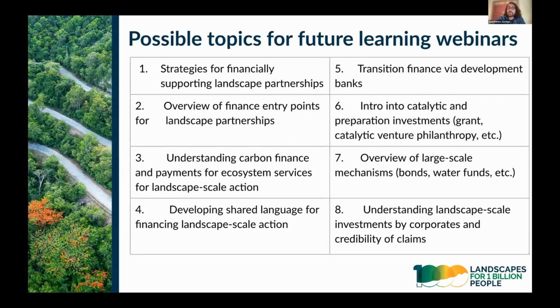However, this topic would look at how you really connect the complexity of all these entry points to support these governance structures and landscape partnerships and their objectives. So the question to explore would be, how can these different entry points be connected or combined through integrated strategies and mechanisms that support local needs?